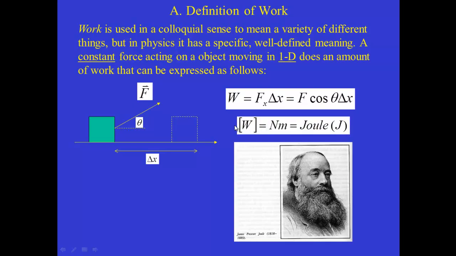The unit for work is the Newton meter, as you can see from this definition. It involves a force times a displacement, and we give the name joule to this special unit, which is the unit of work and the unit of energy as well.